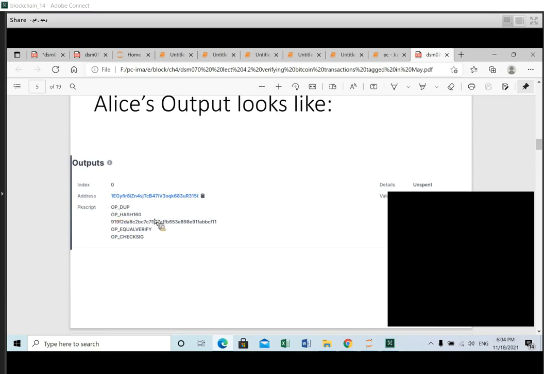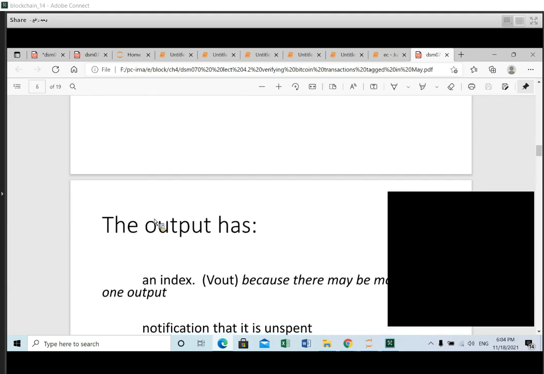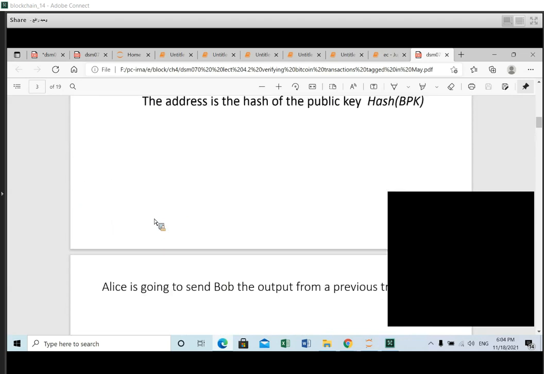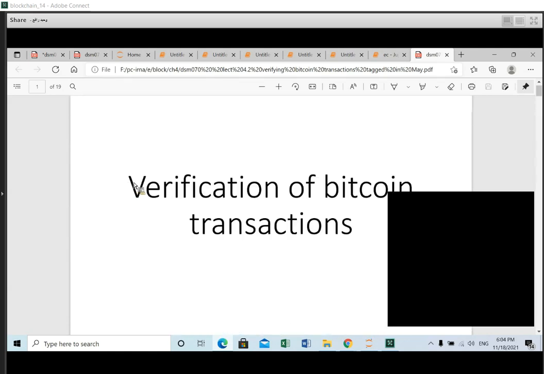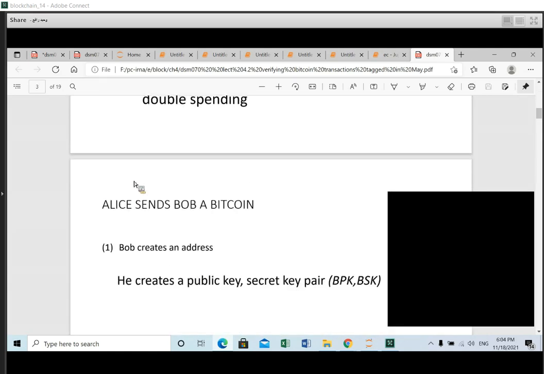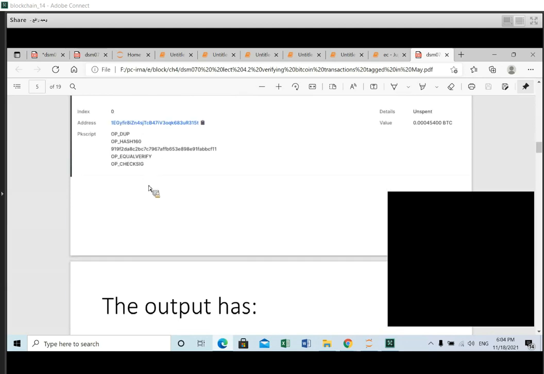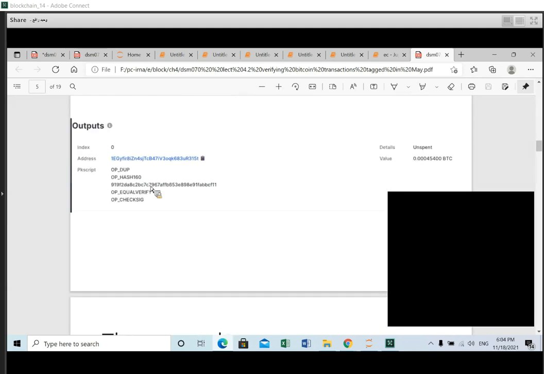In fact, when Alice sends the money to Bob, she locks the output using this PK script here, okay? In the slides, there is enough information about what is PK script or SIG script, okay? This is the PK script.